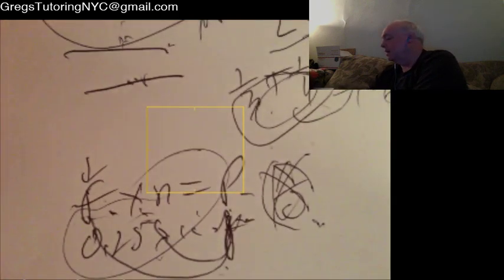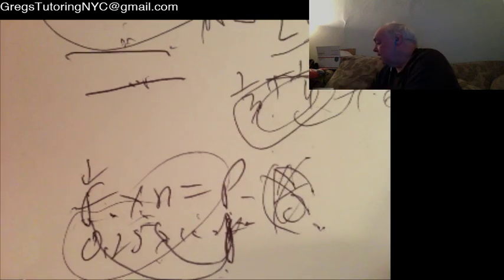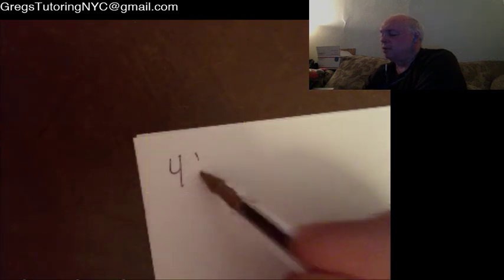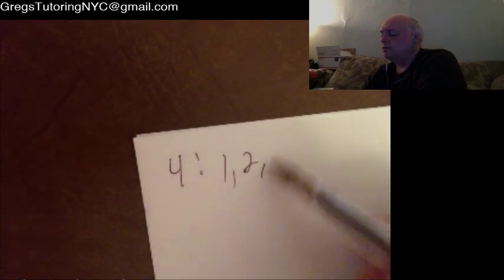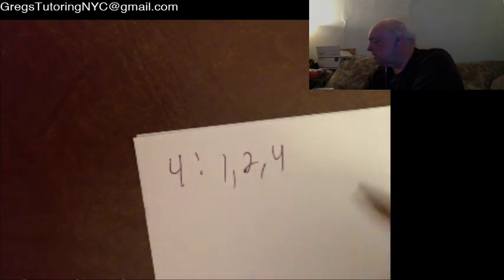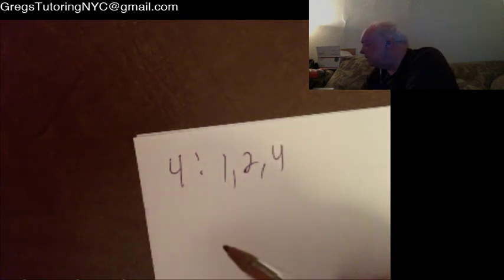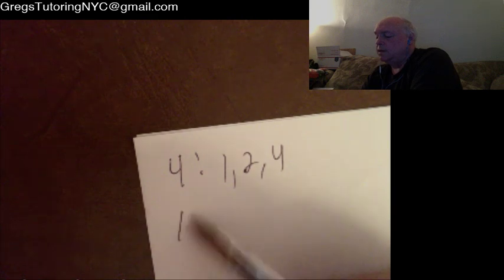All right. So I put a bunch of notes here. Let me jump into some of this. Let's get some factors down on a page. I already gave 4, so we have 1, 2, and 4. Let's do 18.